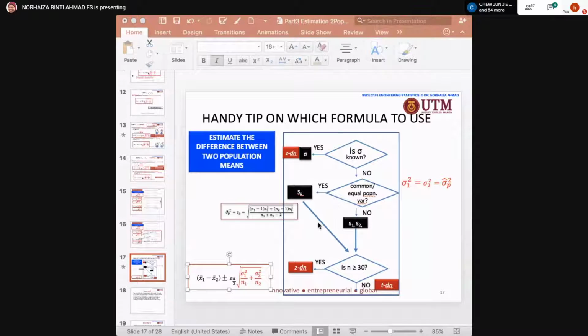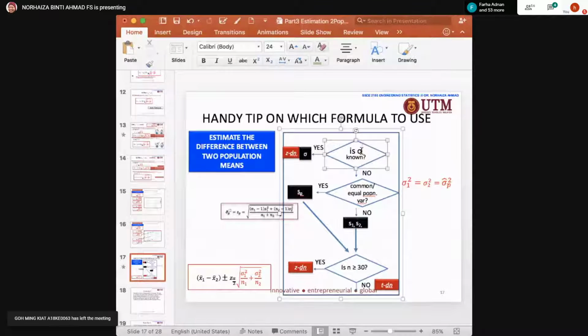You check whether your sigma is known or not. If it's known, then you use a Z distribution using this basic formula. Otherwise, if you do not know the value of your population variance, so really speaking sigma 1 and sigma 2, because you have two population means, therefore you have two population variances.